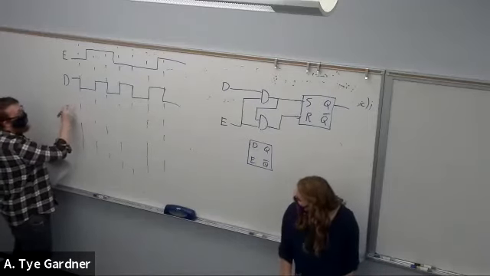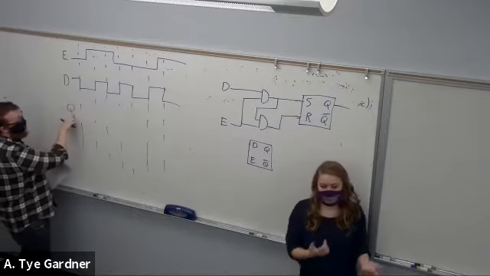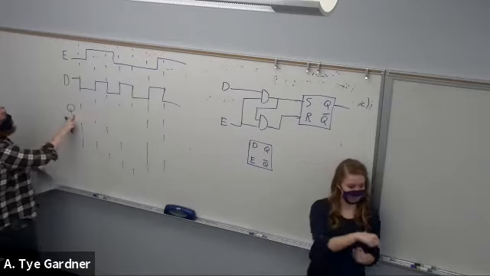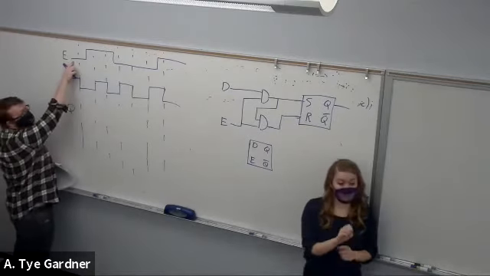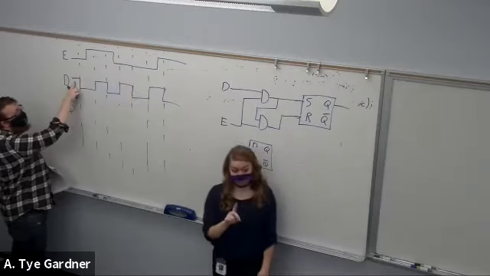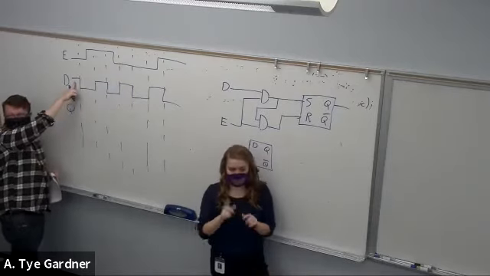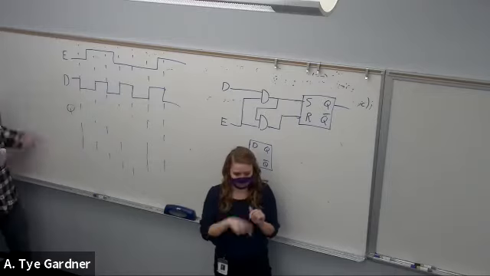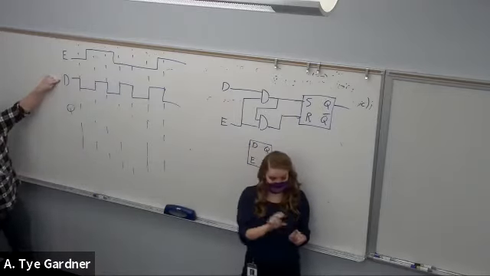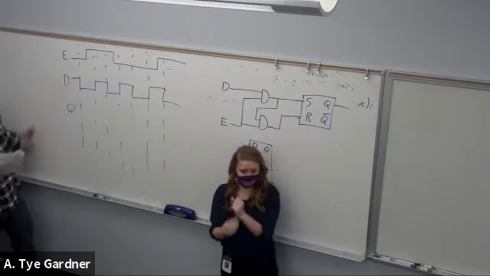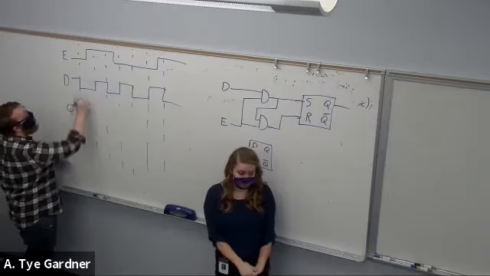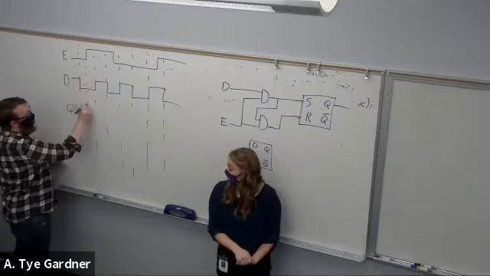But let's go ahead and see if we don't know where Q starts. So I'm going to start with Q rather than Q bar. Well, enable is low, meaning it's off. Data is high, but it can't pass anything from data. So because we're not enabled, data can't get to the output. We don't really know what Q's doing here. In fact, we don't really know until we enable it.